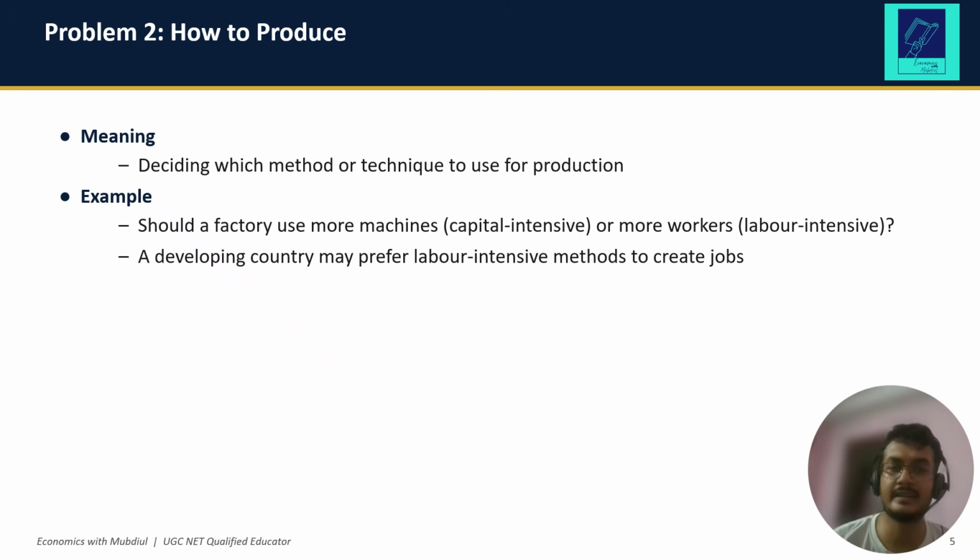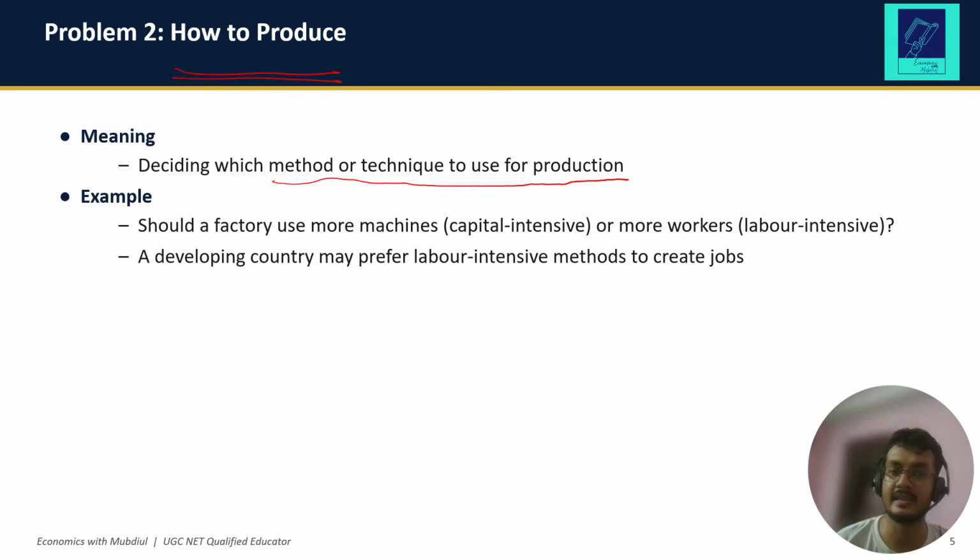And that takes us directly to our central problem: how to produce. The economy has decided what it wants, but now it must decide how we should actually make it. In economics, we are choosing the method or technique to use for production.